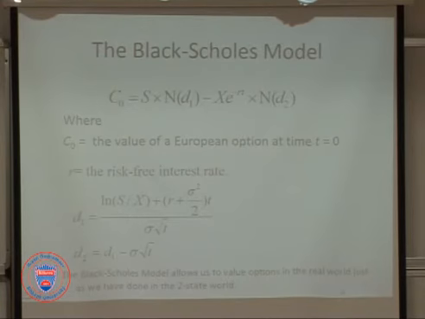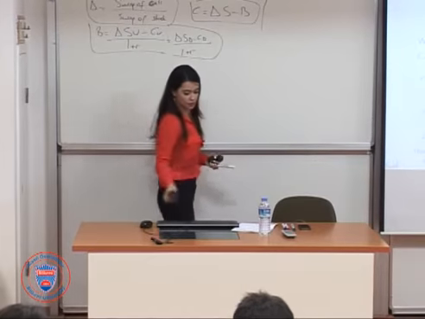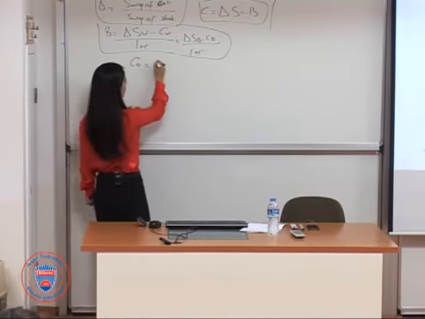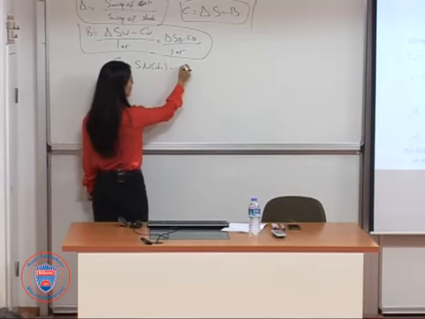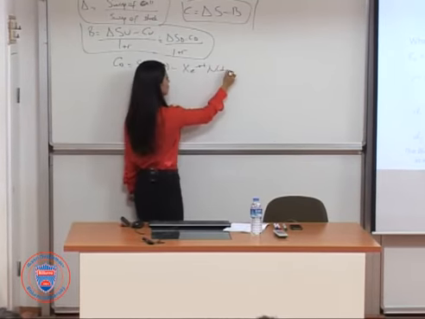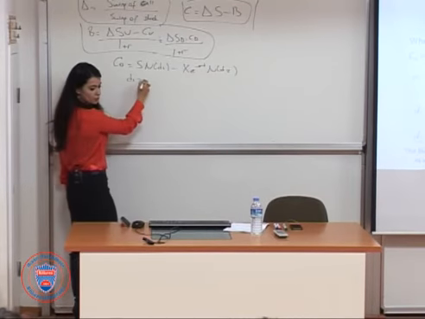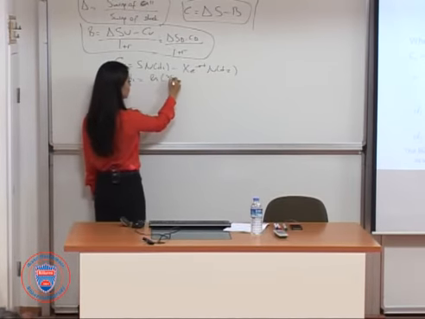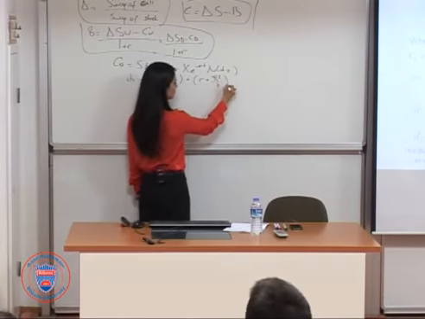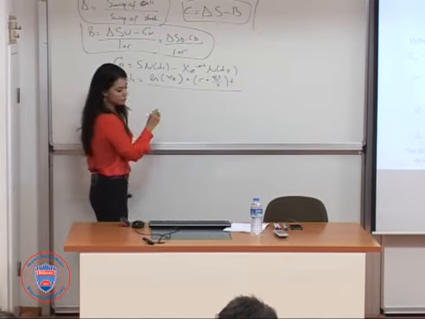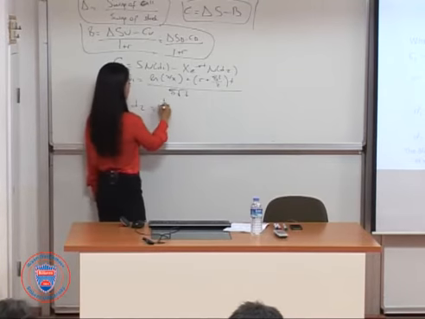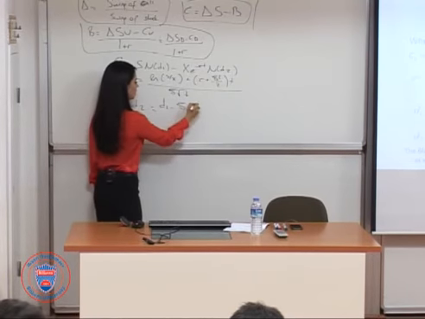So let me write the formula here in case we need it. So C0 will be equal to S N(D1) minus X e to the power of minus R times T N(D2), and D1 will be equal to ln(S over X) plus R. And D2 will be, okay.